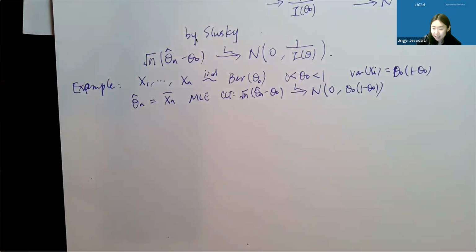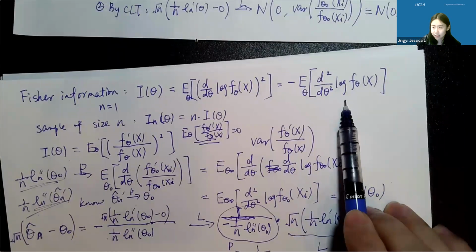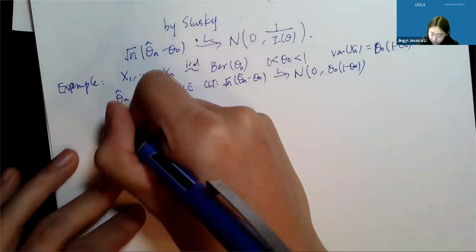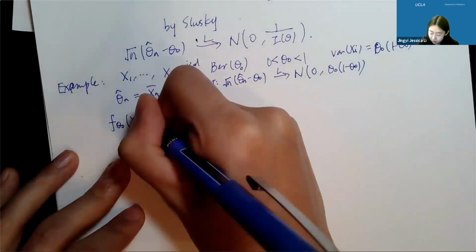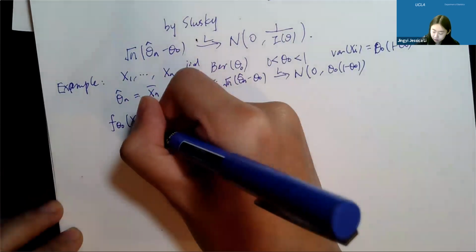To do that, we need the Fisher information. For Fisher information, I find it easier to use this formula: you just take the second derivative of the log density function, then you take the expectation. So let's look at f theta 0 x. For any x or xi, it doesn't matter, it's just a notation.